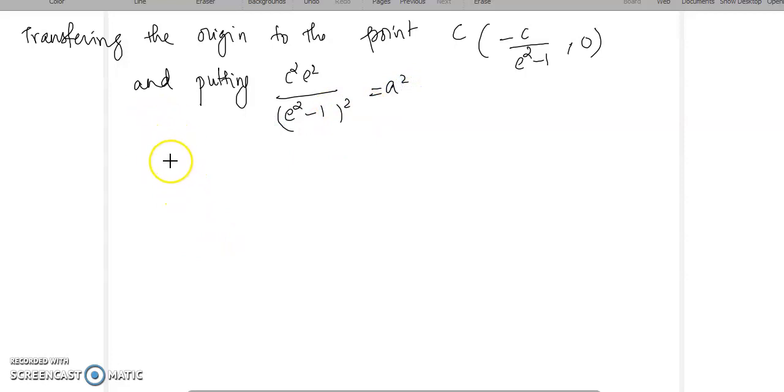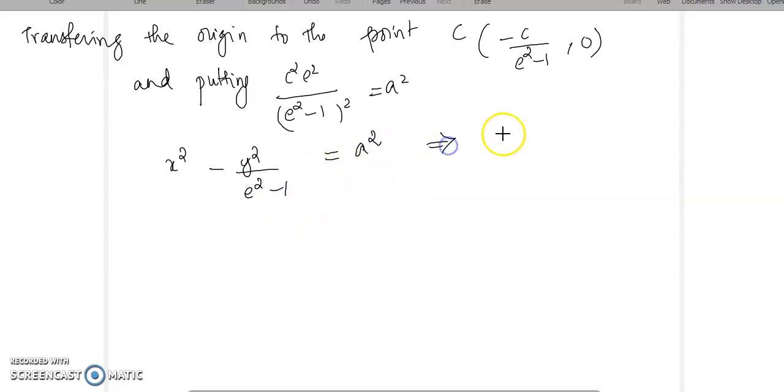So upon shifting the origin to the point (−c/(e² − 1), 0), we will get the equation as x² − y²/(e² − 1) equal to a².